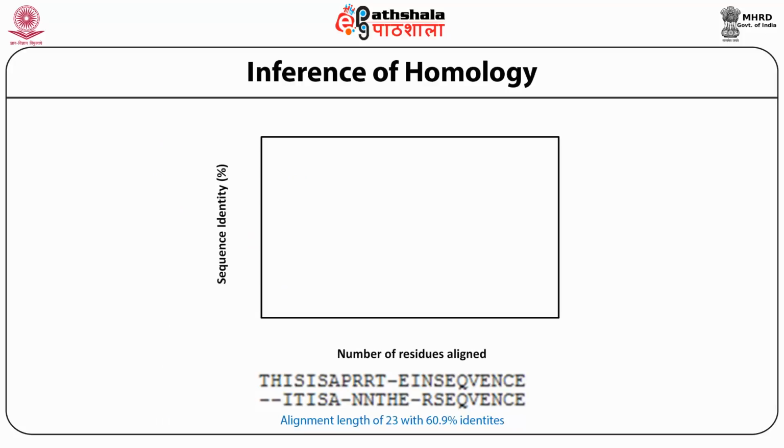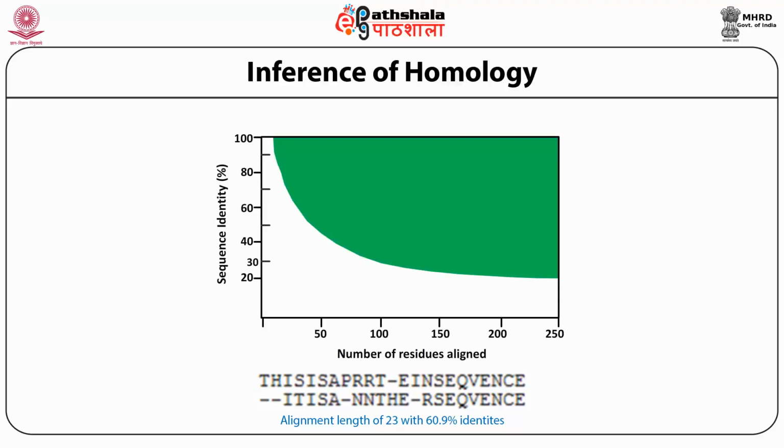To infer homology between two sequences by using the graph, plot the number of residues aligned on the x-axis versus percent sequence identity on the y-axis for proteins known to be homologous. All homologous proteins fall in the green region.